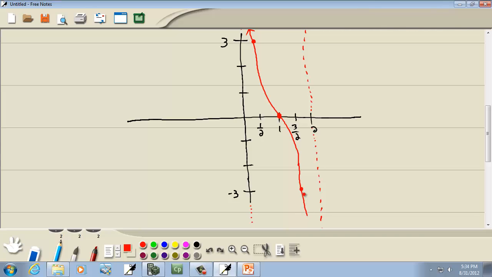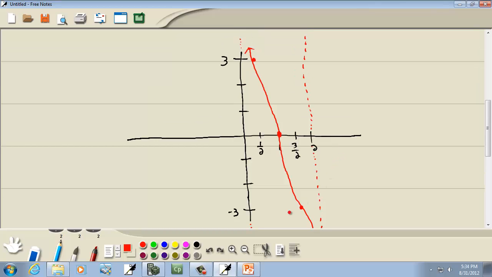And of course, I don't have my scale quite right, but I still don't like that. Let me try one more time. Okay, so it's like this, and then like that. Okay. Well, that's as good as I'm gonna get it.